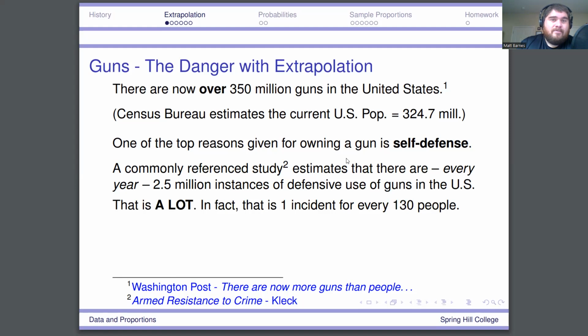If we break that down a bit, that would be one incident for every 130 people per year. So taking our population at Spring Hill College, that would be something to the effect of 7 or 8 students would experience some sort of defensive use of guns every single year.